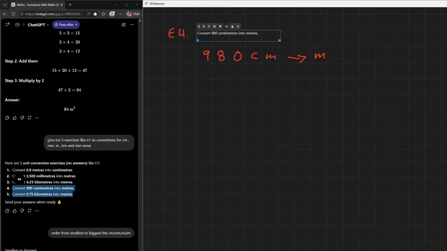So we divide by 100, because we need to remember is first the 1, 2 is 10, then is 1, 2, 3, and then is 1, 4.